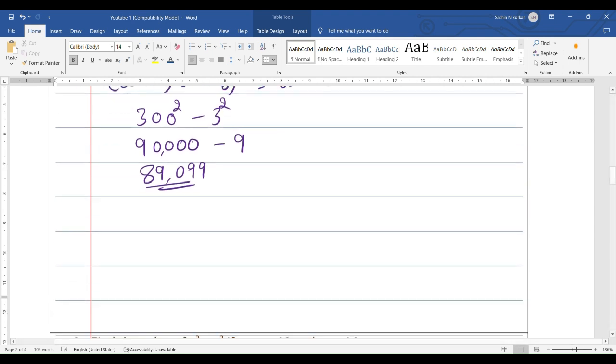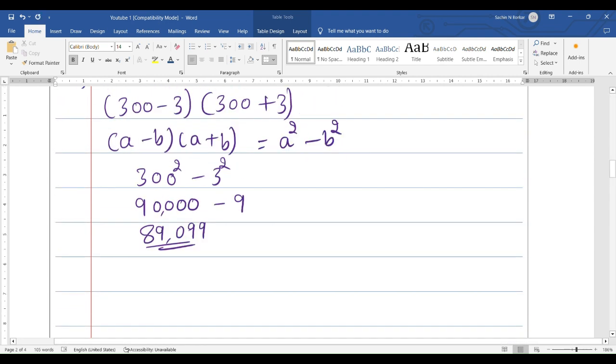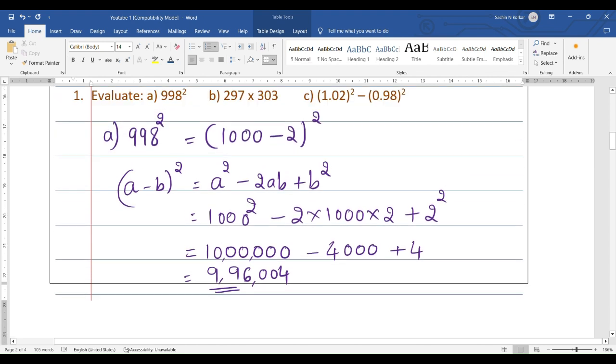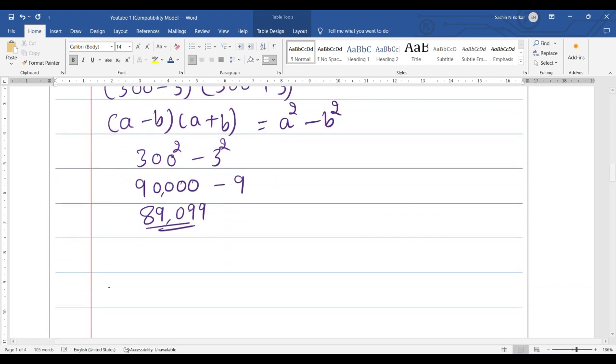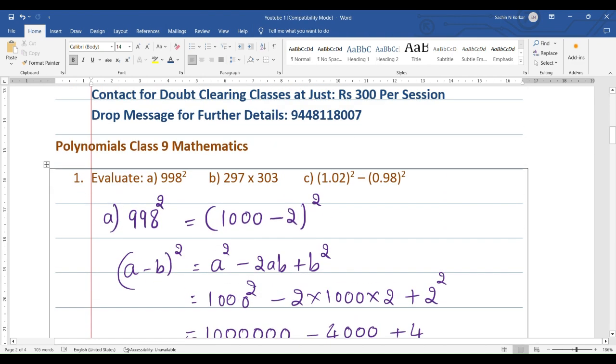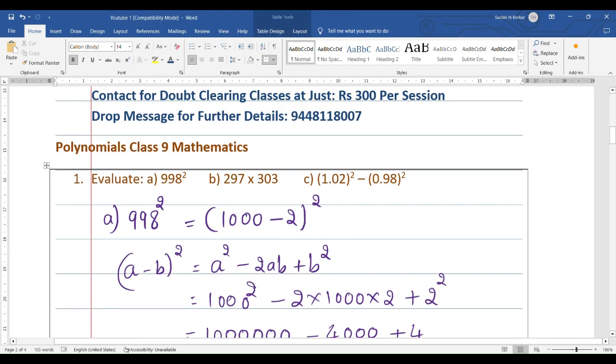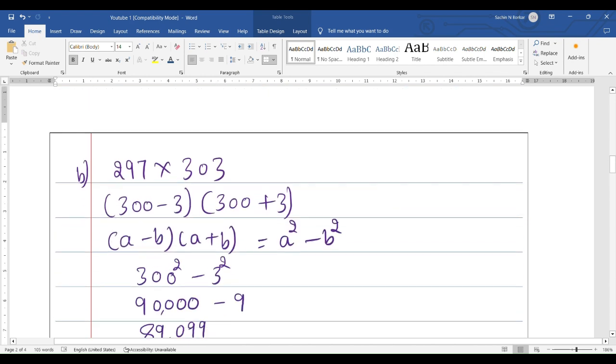There was one more question there. That will be 1.02 square minus 0.98 square.